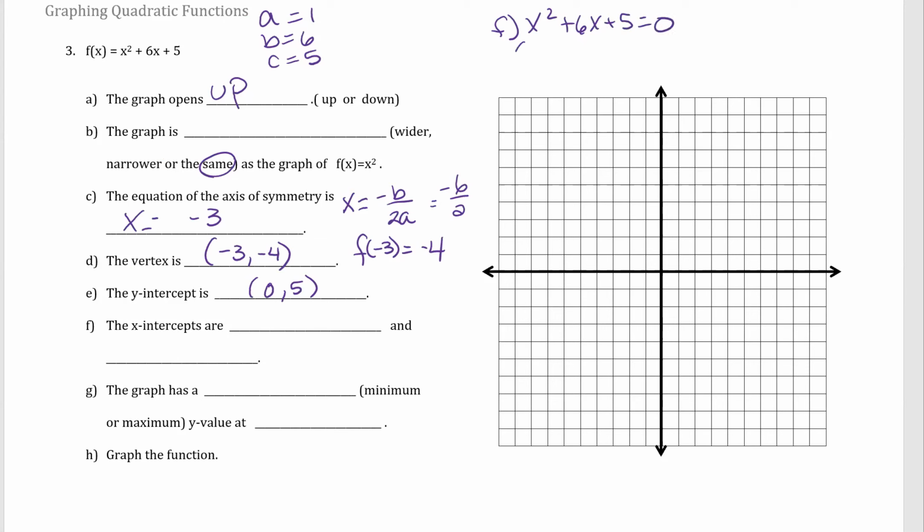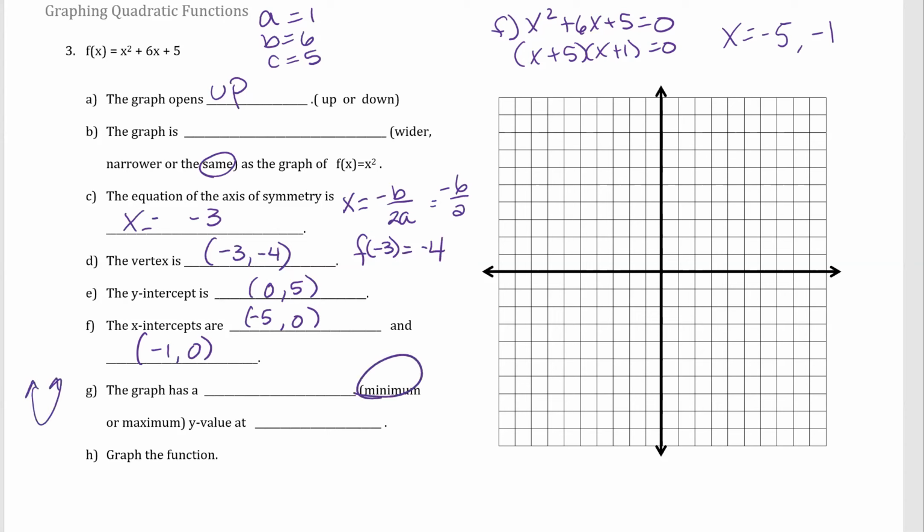And we'll factor. So we know that x is equal to negative 5 and negative 1. Write those as intercepts. Because the graph opens up, it will have a minimum, and the minimum will be at the y value of our vertex.